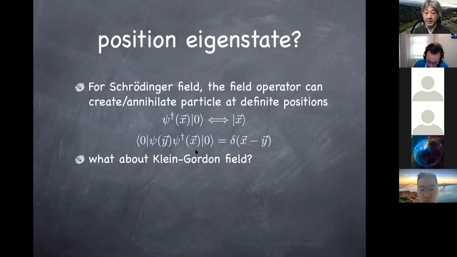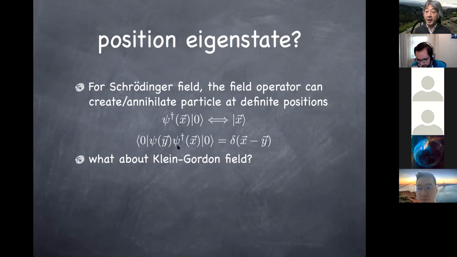Namely, I take this state, ψ†(x) acting on the vacuum state, and its Hermitian conjugate, but at a different position, y. If you take the Hermitian conjugate of this ket, the ψ† turns into ψ, and |0⟩ turns into ⟨0|. So this is the inner product of these states between positions x and y.